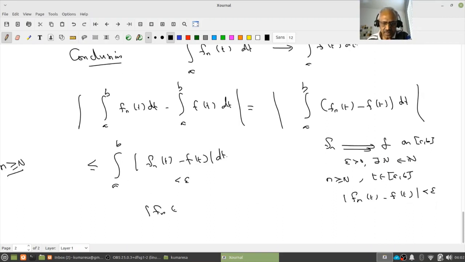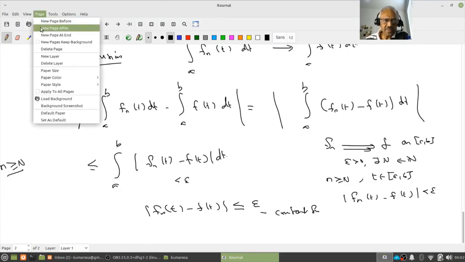The integrand, fn(t) minus f(t), as a function is less than or equal to epsilon. This is a constant function. So what do I get?